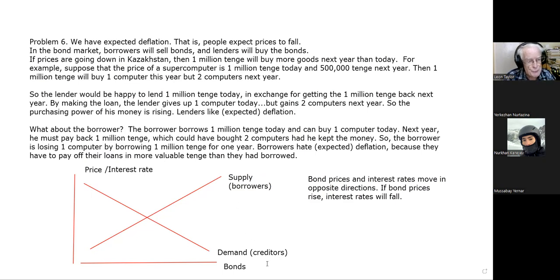We have just seen that lenders love deflation. So when prices are expected to fall, people want to buy more bonds at any given price. So the demand function shifts to the right.